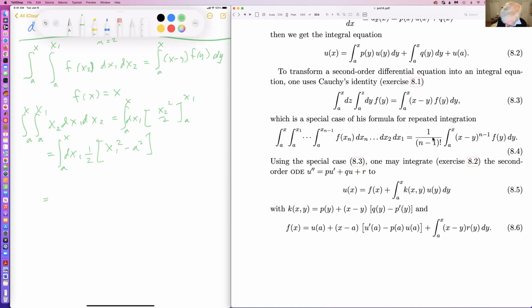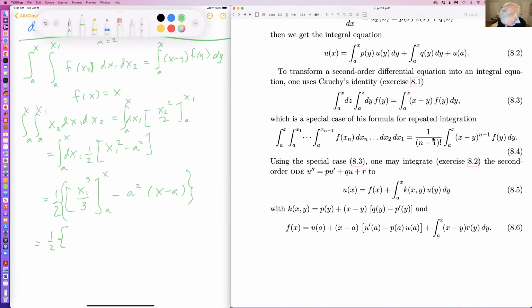So we have an overall 1/2. We're going to have x cubed over 3 evaluated here between a and x. Actually, it's x1. And then we're going to have minus a squared times x minus a.